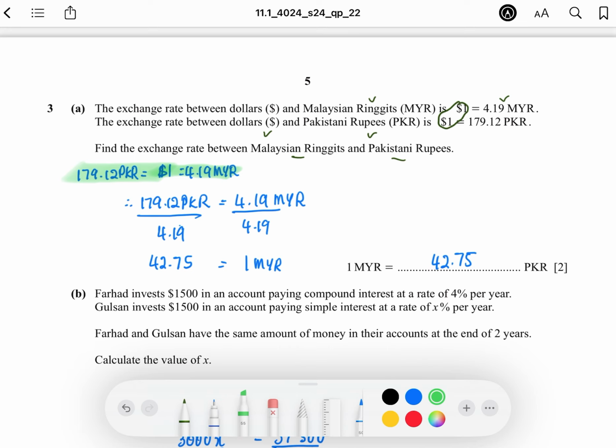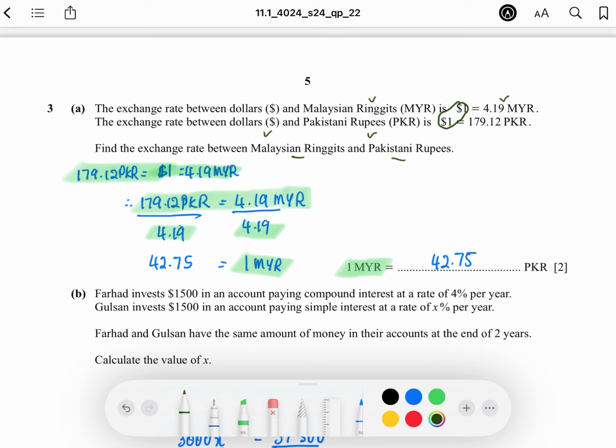So therefore, what can be said would be the Pakistani is equivalent to the Malaysian ringgit given, because both of these are equivalent to $1. So we can simply write that down. Divide both sides by 419 because we want to find the equivalent of 1 Malaysian ringgit. Simplify by using a calculator.